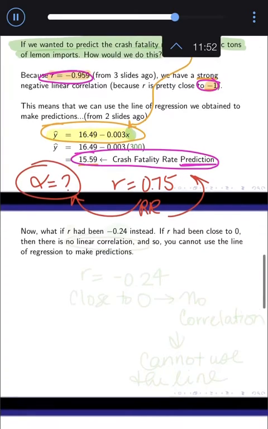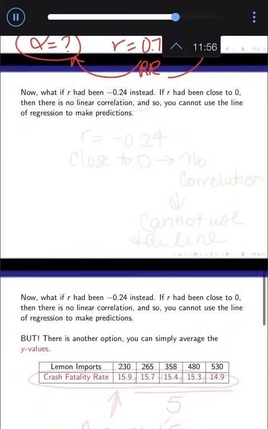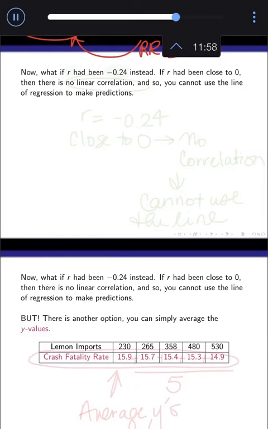Now, what if we use the same exact problem, but instead of the -0.96 that we got for R, what if R had instead been -0.24? Well, if we had gotten an R value of -0.24, that'd be really close to 0.